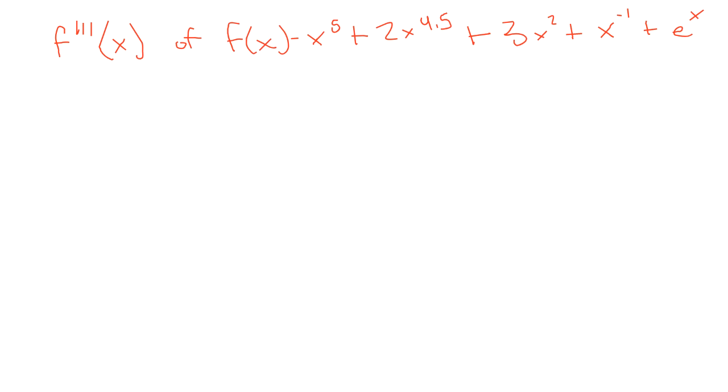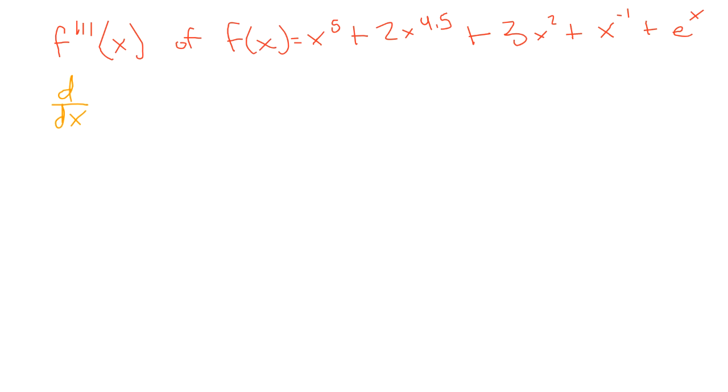First, let's take our derivatives one step at a time. Let's find our first derivative. We want to get to our third derivative, but right now we're at our first, so let's break down each of these and find the first derivative.